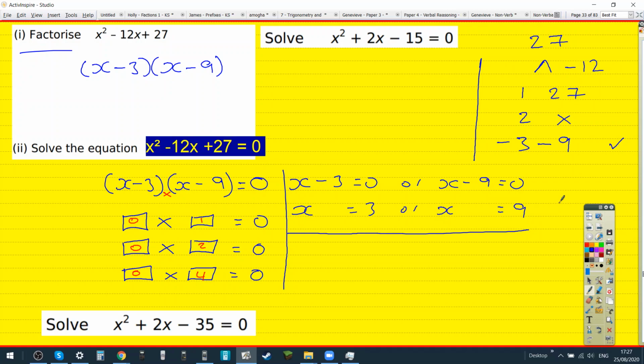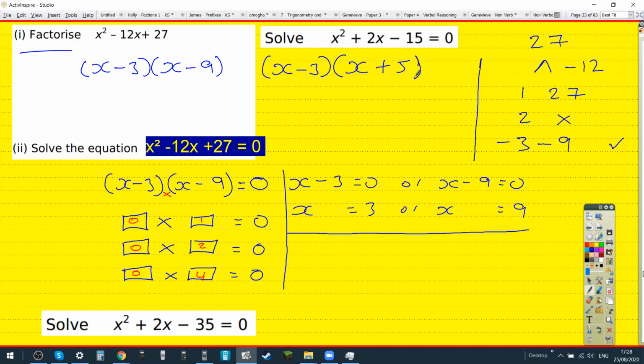Okay, so it will be x minus 3 and x plus 5.